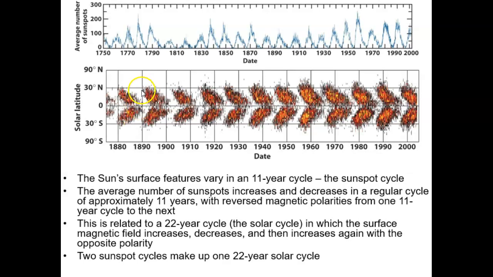And so they start to appear up towards the top and the bottom again, around 30 degrees north and 30 degrees south. What's actually happening there is every 22 years, the magnetic field of the sun is flipping. So the polarities are changing. And because that's flipping, that's causing those sunspots to appear in different locations.